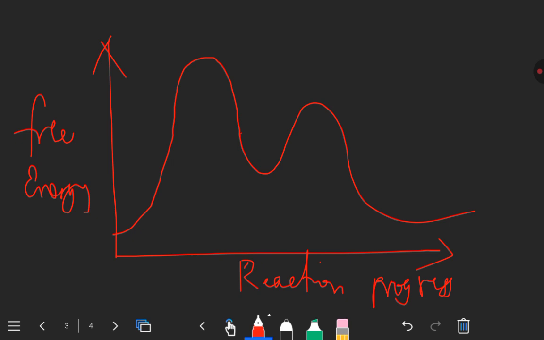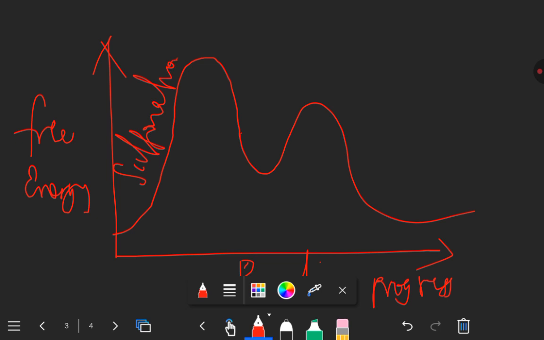So on this side we have sulfonation. Then on this other side we have desulfonation.